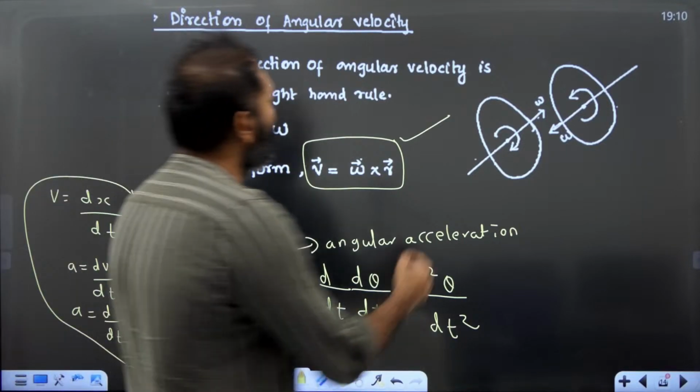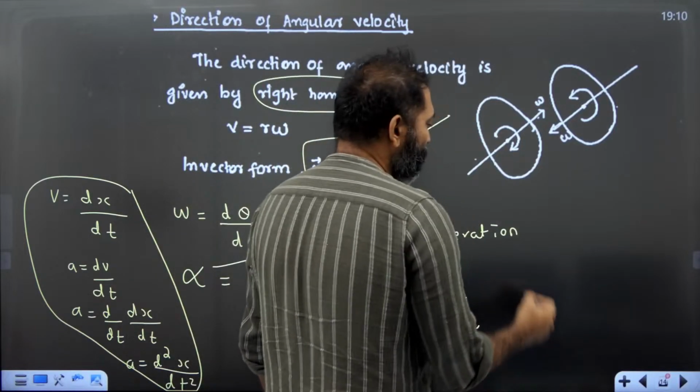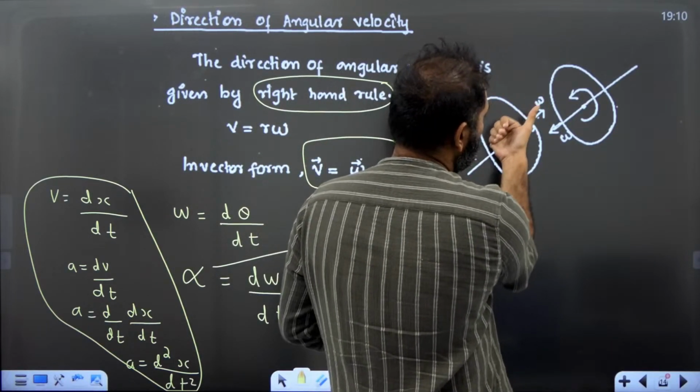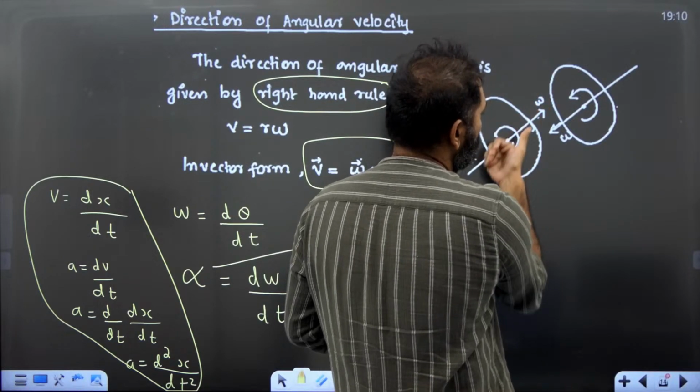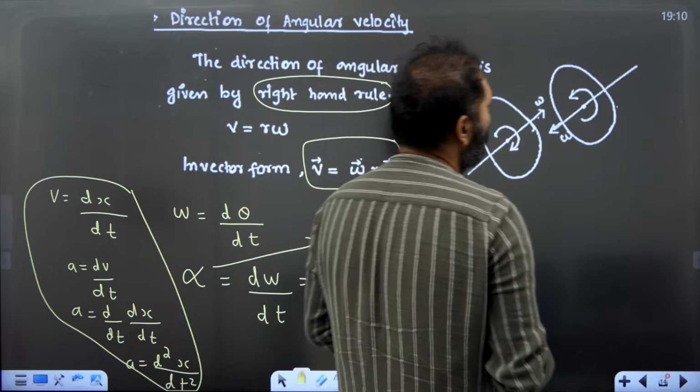Now, the direction of angular velocity is given by the right hand rule. It means if a body is rotating in this direction, then the thumb will show the direction of angular velocity.